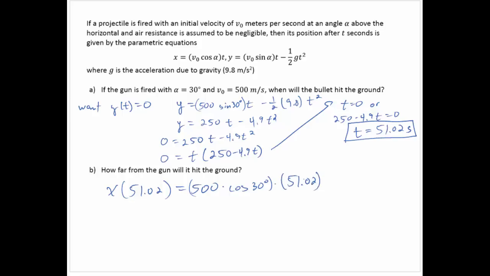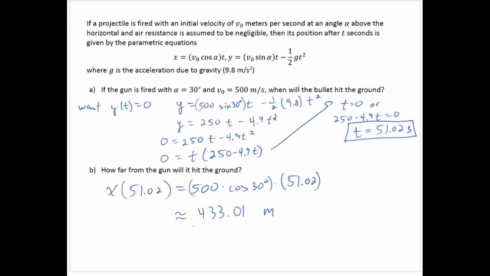And so if you go through all that, you should find it's about 433.01, and that would be in terms of meters. So it'll hit the ground 433 meters from where it was fired.